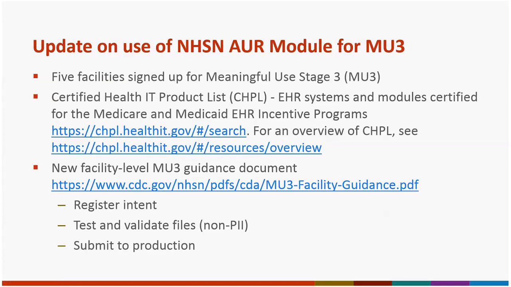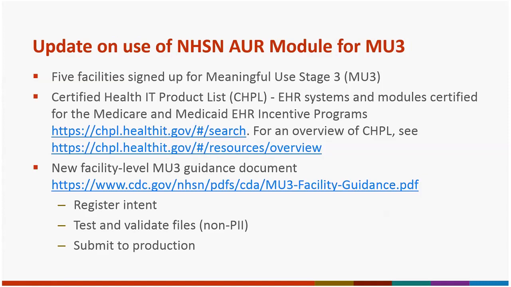All right, I'll give a brief update on the NHSN AUR module for Meaningful Use Stage 3 next. 5 facilities have signed up thus far. If you're a certified vendor for the Medicare and Medicaid EHR incentive programs, you can double check that you're on the list by searching using the Certified Health IT Product List, CHPL, and the link is provided here on the slide.